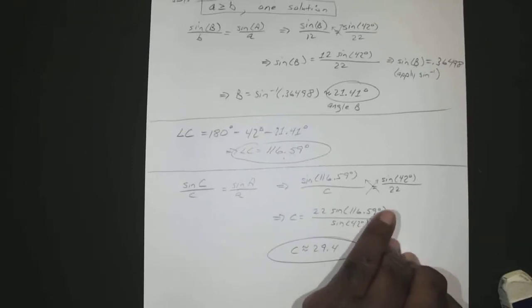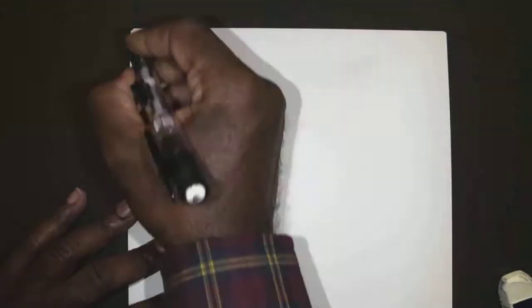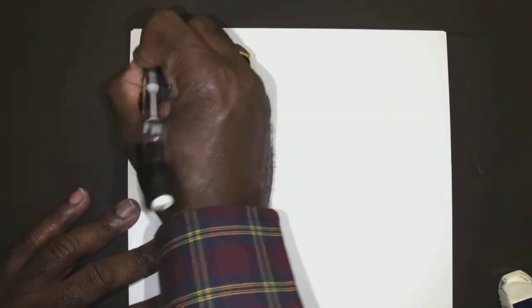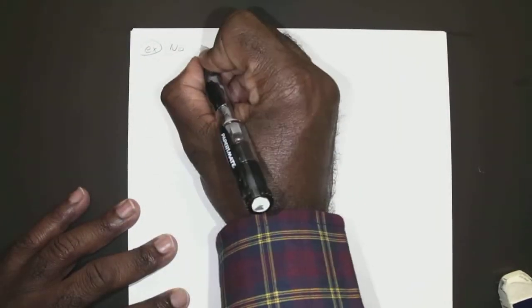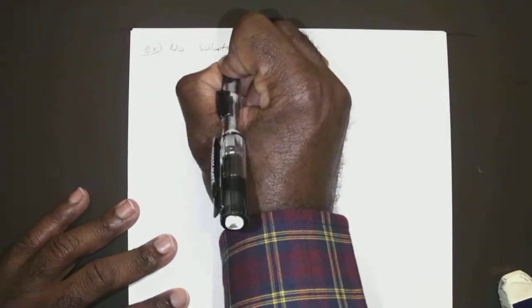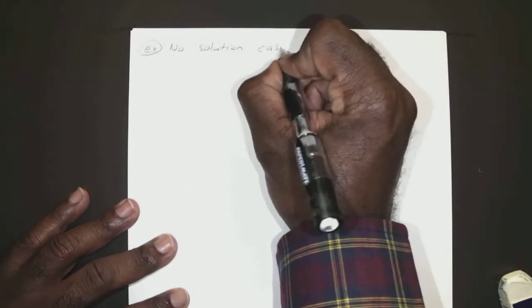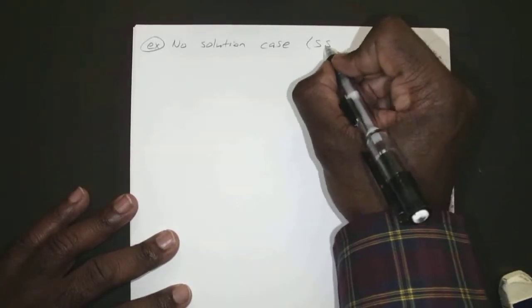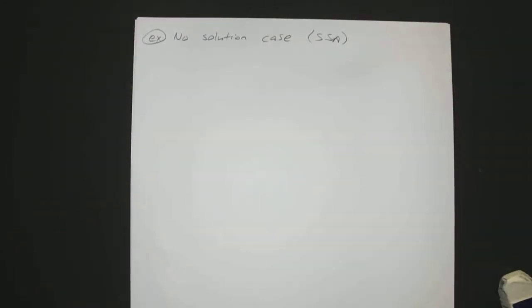All right, so let's see the no solution case. That's when we're given a side, another side, and an angle. When you have two sides and an angle, you can still have no solution.